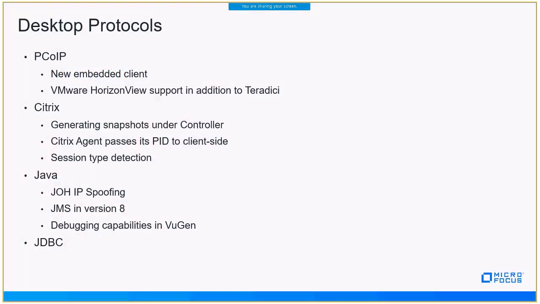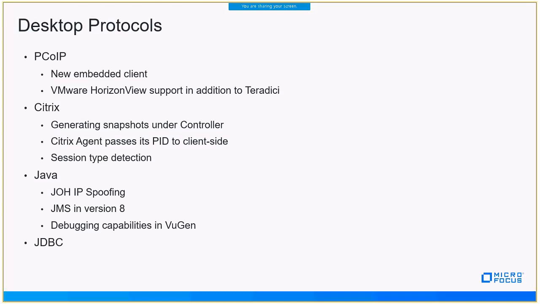Moving on to our desktop protocol support. We never rest, always innovating and trying to give you more with our products. So here we are innovating through the PCoIP protocol, where we embedded a new client for this VDI, as well as supporting VMware Horizon View in PCoIP.